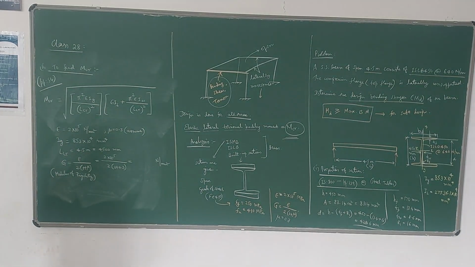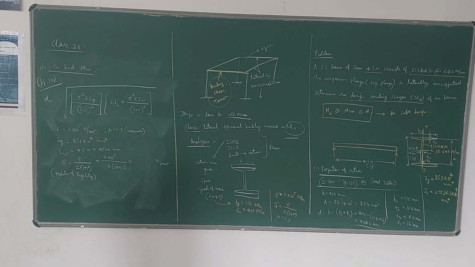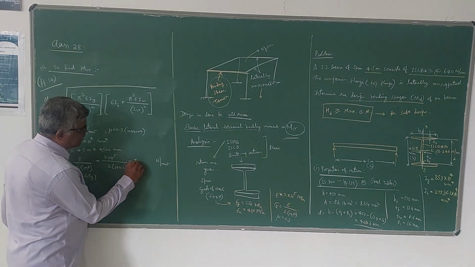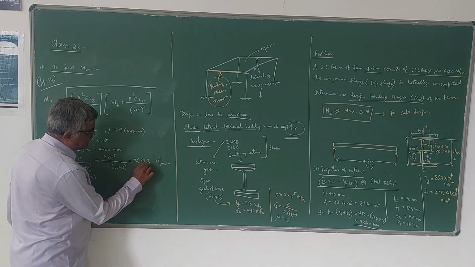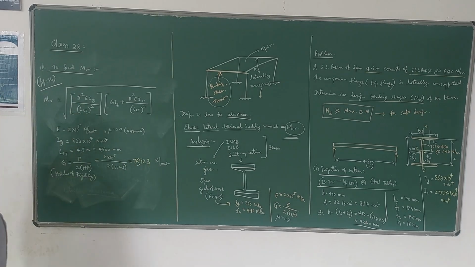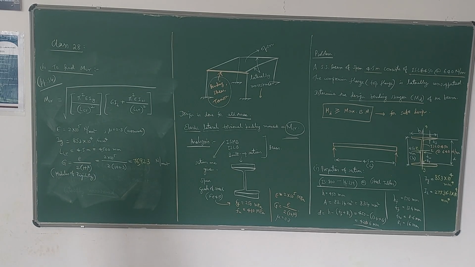What is the G value? It is 76,923 Newton per mm square.